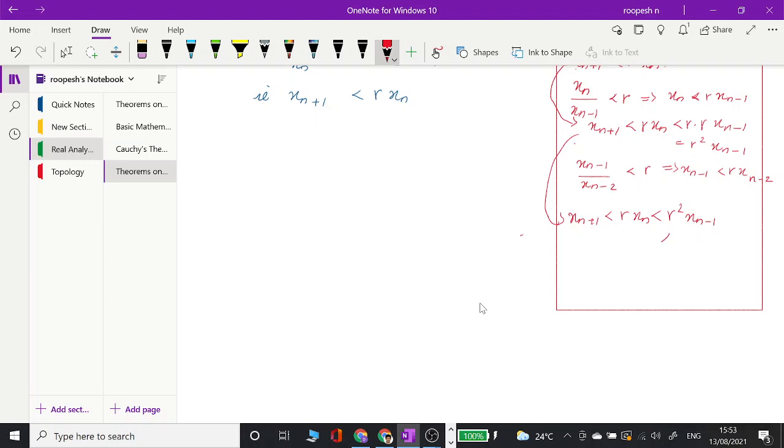So what I get now is x n plus 1 less than R into xn, which is less than R square into xn minus 1, which is less than R cube into xn minus 2, etc. Now I will copy it here.